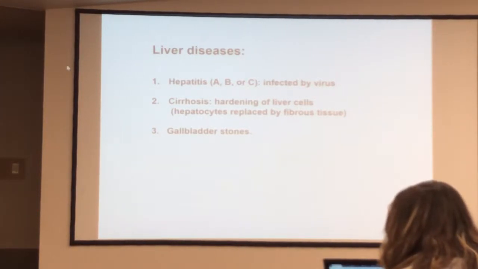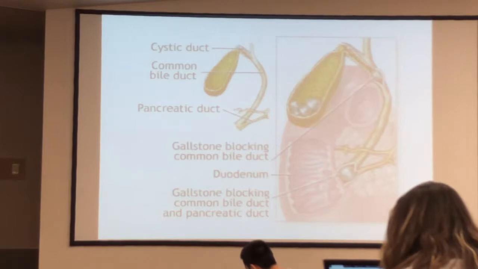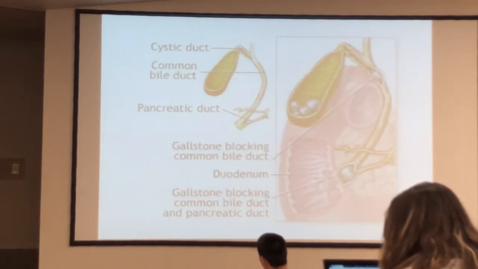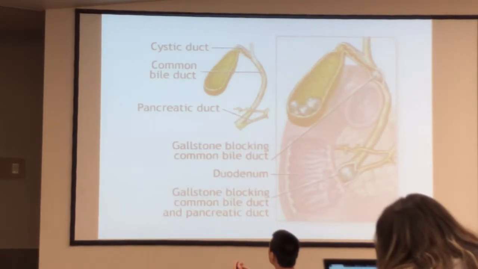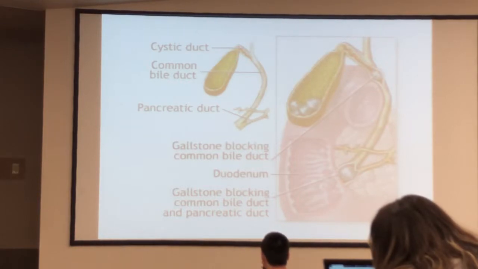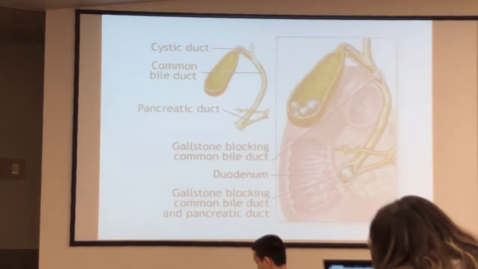Okay, gallbladder stone or common bile duct stone is a very common case. Here I copied from another book the gallbladder and here the common bile duct, and sometimes the stone is very big. You can find it in a gallbladder. Sometimes we find it in a cystic duct. Sometimes we find it in a common bile duct.